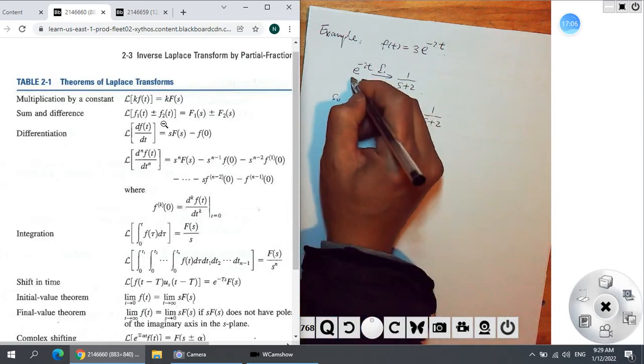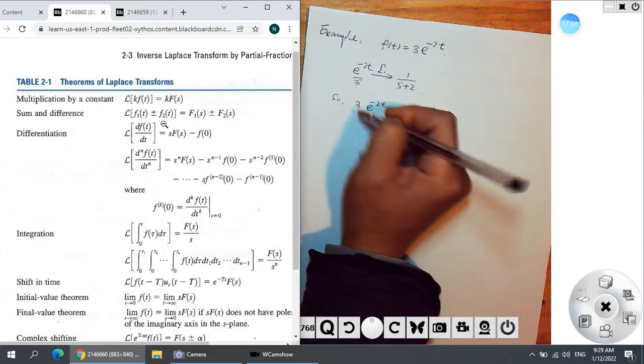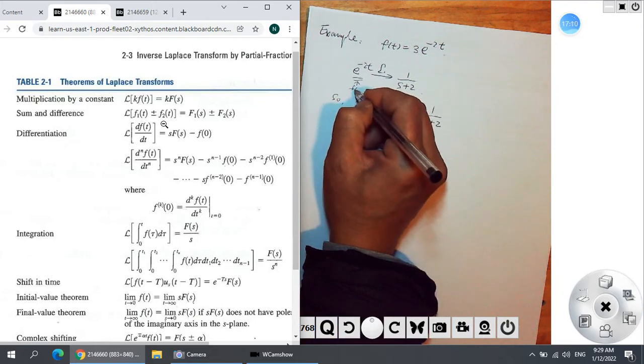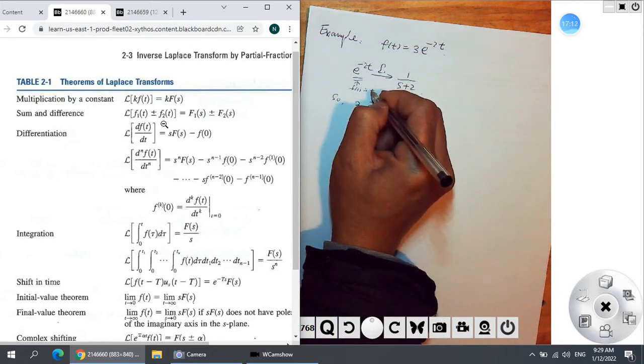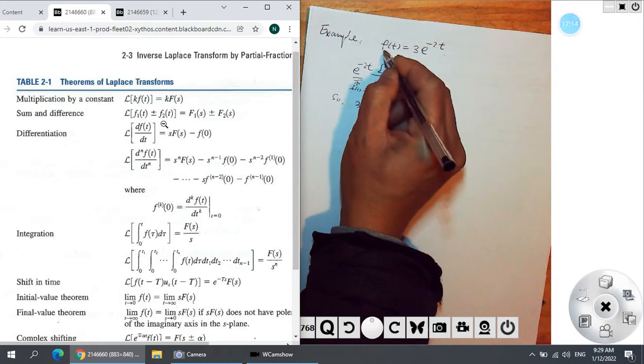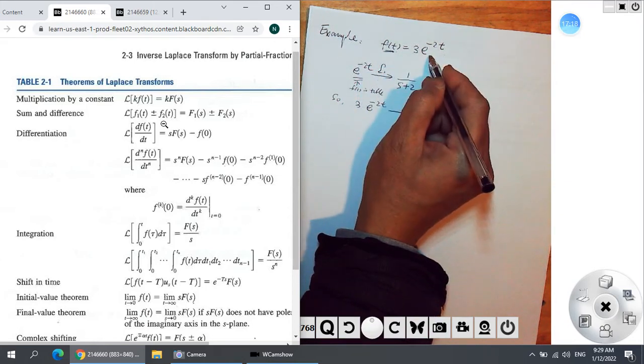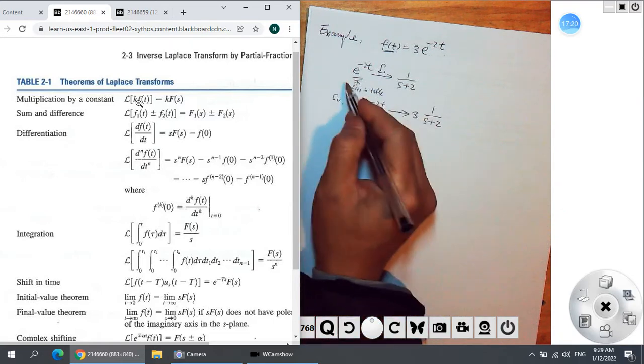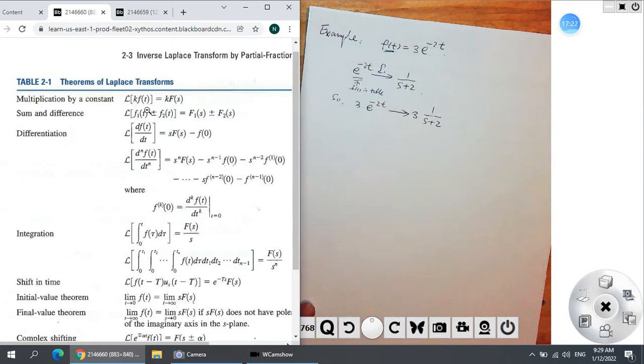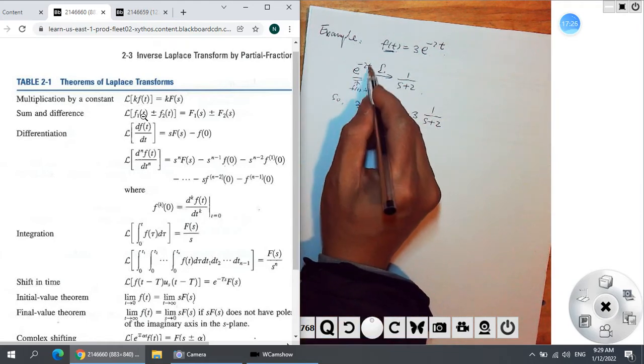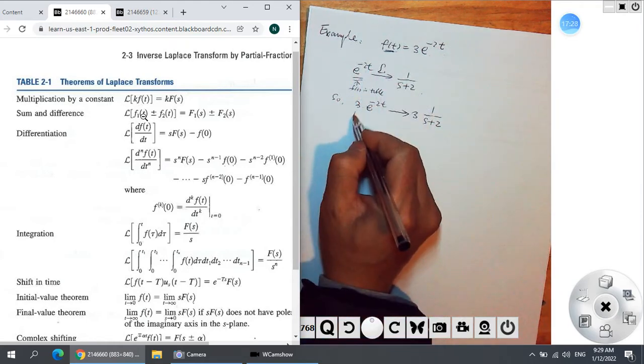This f of t is not the f of t in the table. This f of t we use to denote the signal. When you look at the table, you use the terms in the table. Here you have f, this part, and this is k.